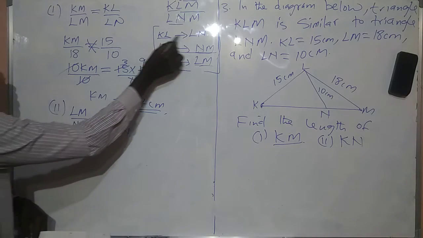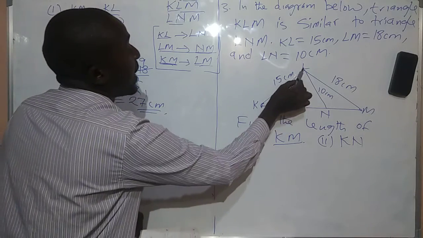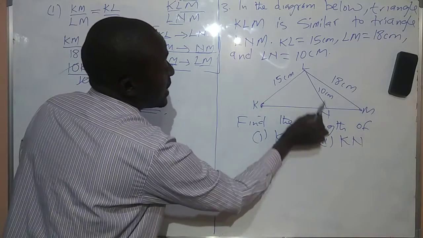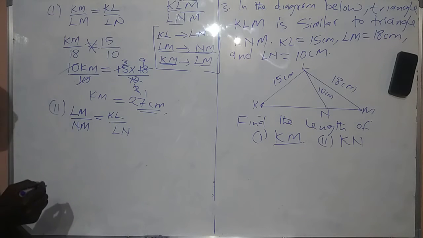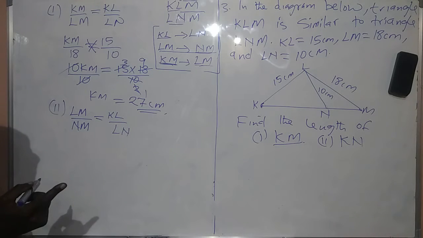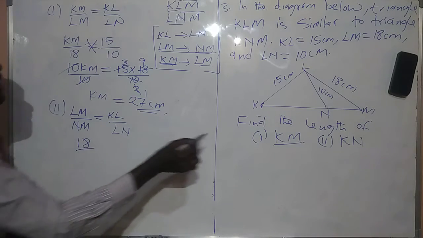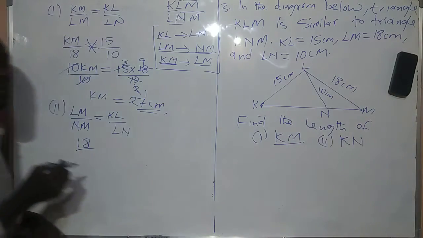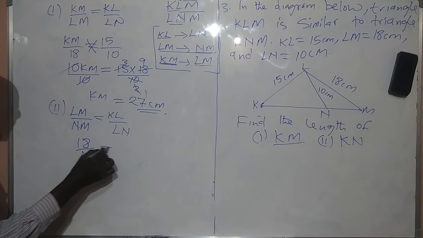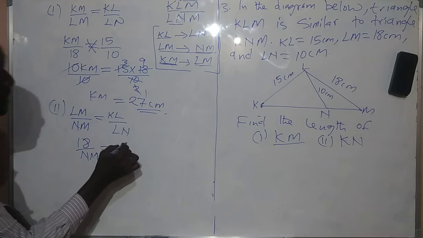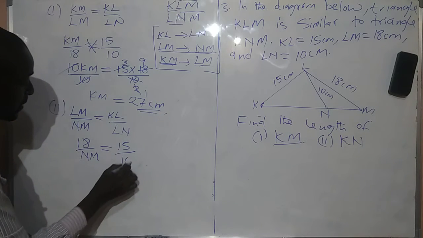So we have used this one because both of them are given here. KL is there, is 15. LN is 10. So that's why we have used it. And then now we can substitute here. Our LM there is 18. So we are going to have 18 divided by NM. This is what we are finding. And this is equal to KL is 15 over LN is 10.